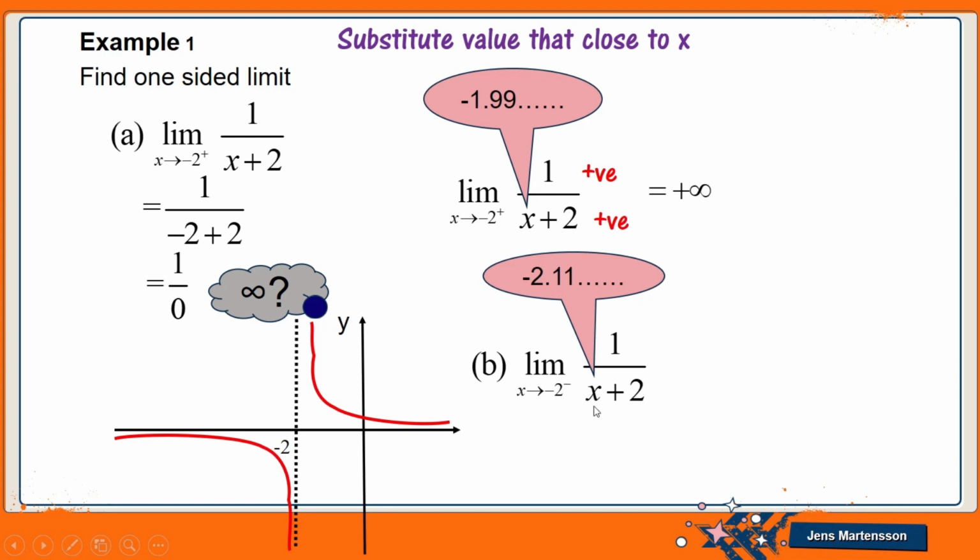We substitute negative 2.11 in this limit. So negative 2.11 plus 2, the answer is negative. 1 is positive. Positive divided by negative is negative infinity. From the graph, we can see that when x approaches negative 2 from the left, f(x) approaches negative infinity.